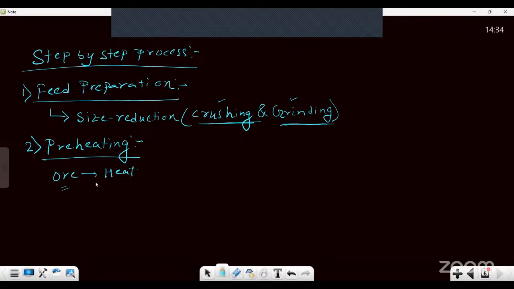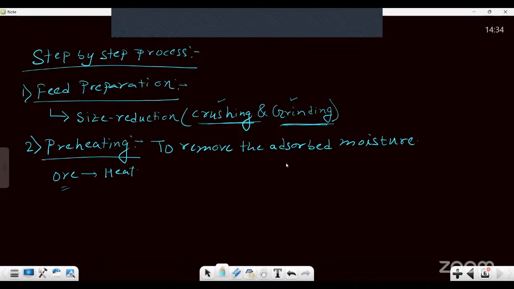The ore will definitely contain some kind of moisture, so I have to remove it. In order to remove the absorbed moisture, it will be heated.